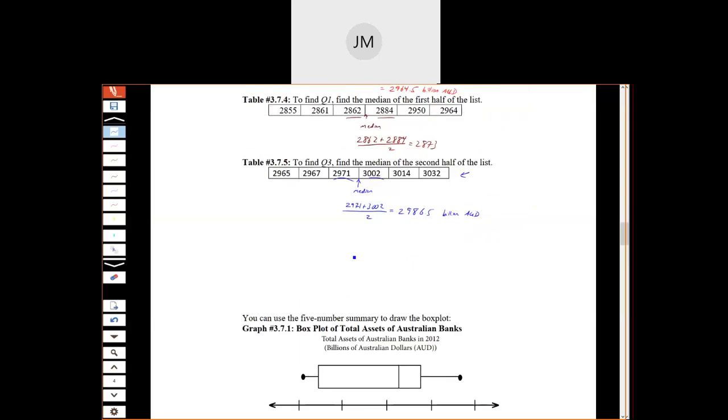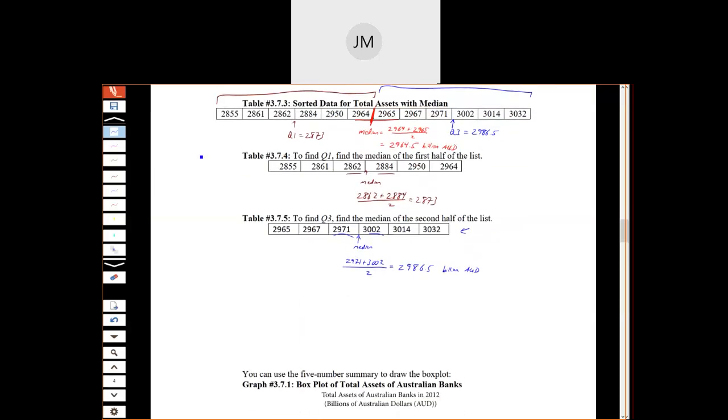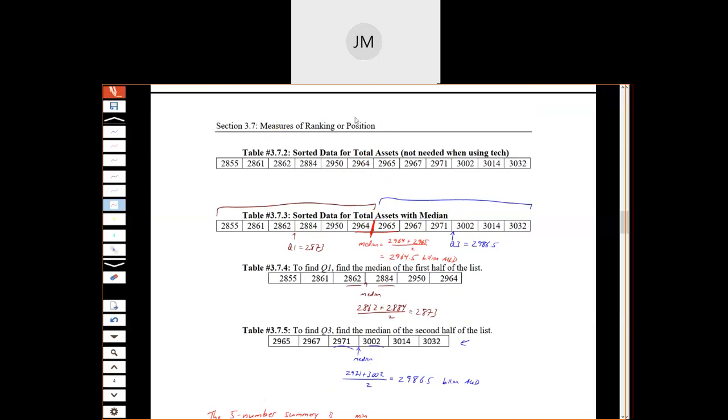Then, if I wanted to write down my 5-number summary by hand, my minimum value, if I wrote things in order, is just going to be the first one on the list, so that's 2855.